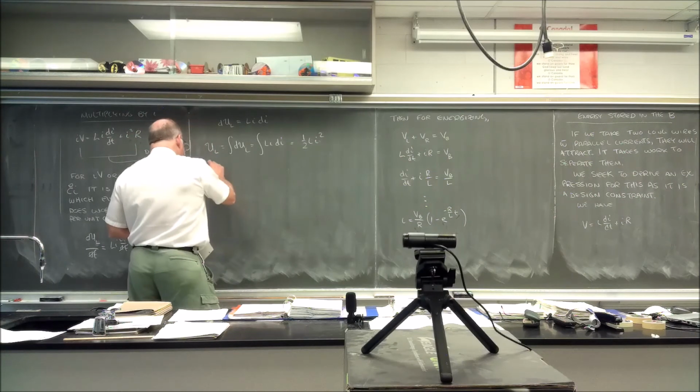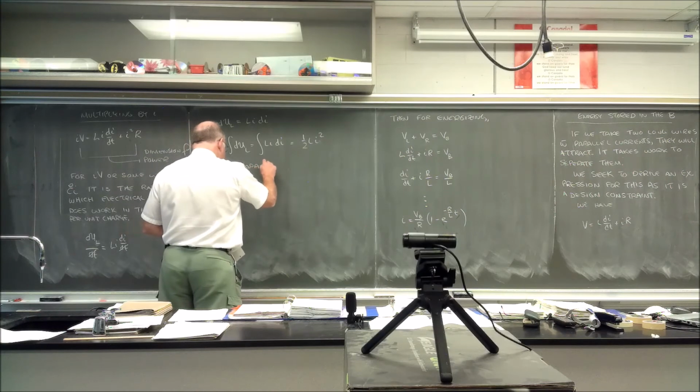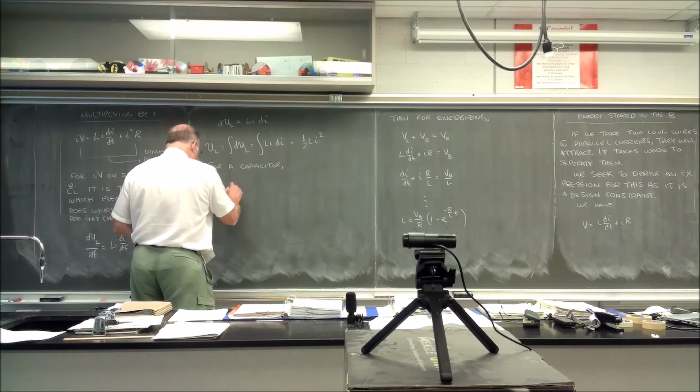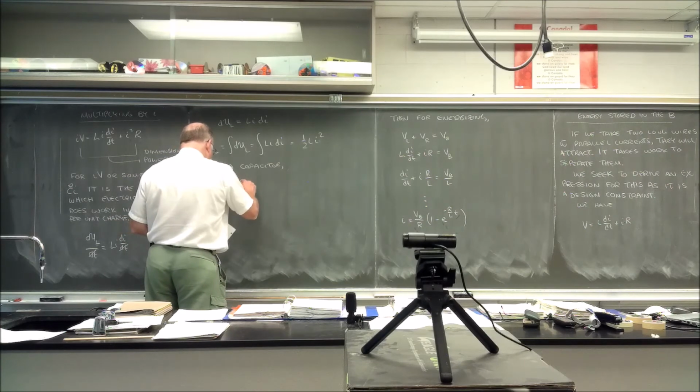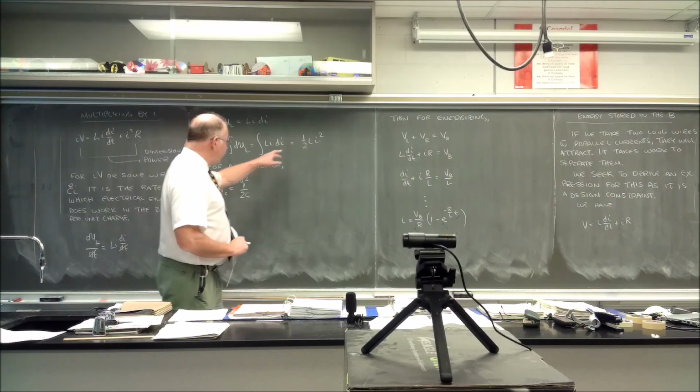For a capacitor, u sub C was given as q squared over 2C. So the energy expressions are slightly different.